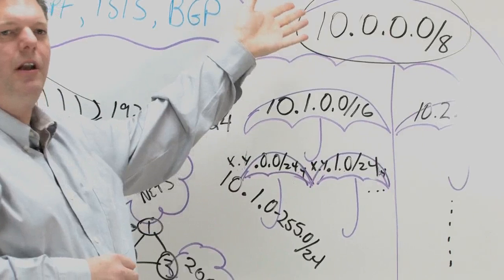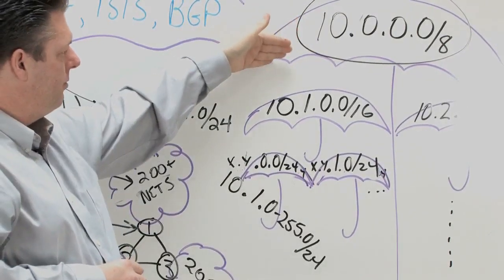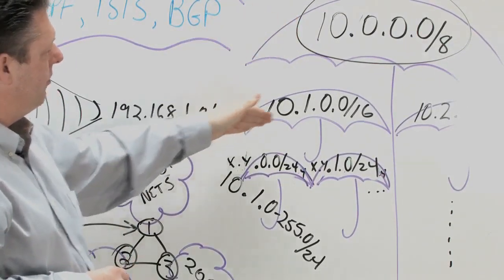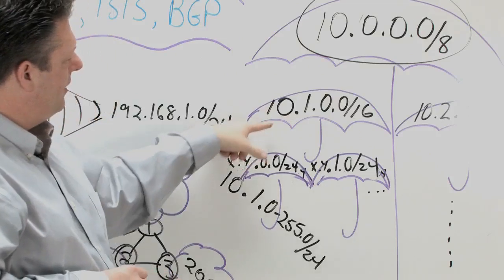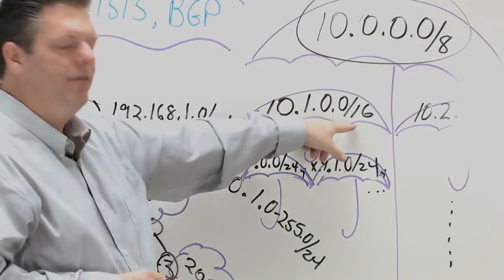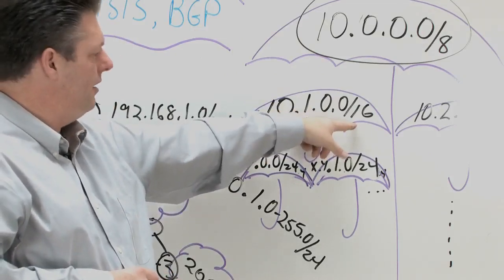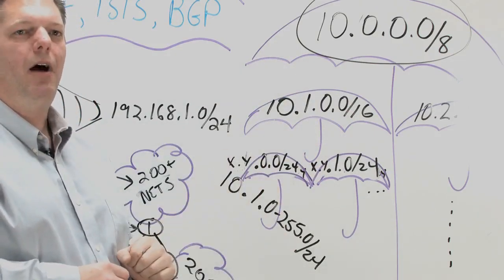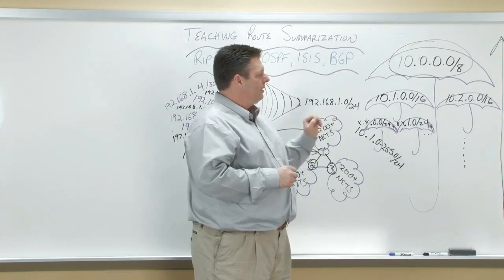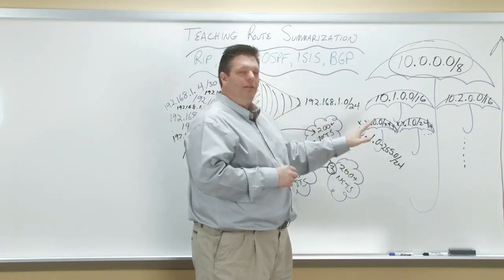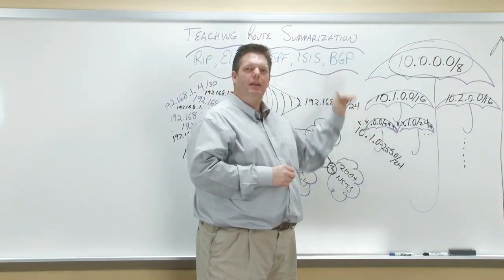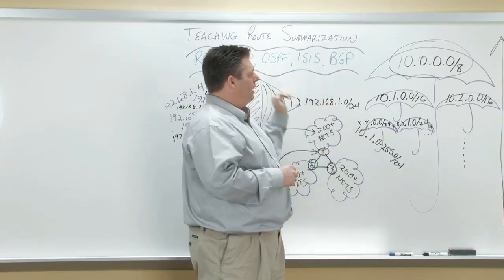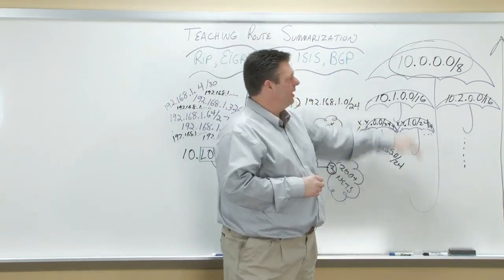And again, I can represent any prefix within that, but that's our largest prefix. And as I start to draw smaller umbrellas, I start to see that these prefixes change as the subnetting size changes. And we go down and down and down. And I break that down, and then at the end, I typically will tell the students again, let's keep in mind that in subnetting we're breaking down, and in route summarization, we are building up.